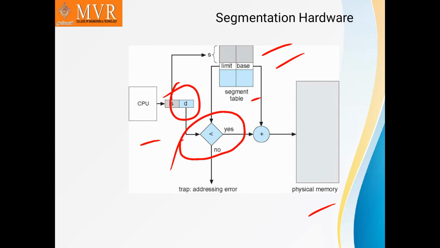If it is less than the limit, then it will be moved to the physical address. If it is not less than, then the addressing is an error and it is trapped. Okay, so see here, S will be added to the segment table, then it will be moved to the physical address. This is the segment hardware.